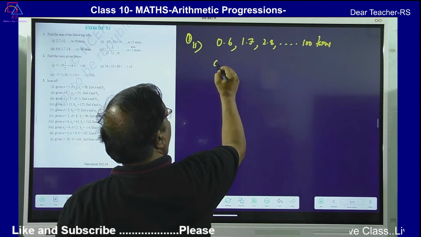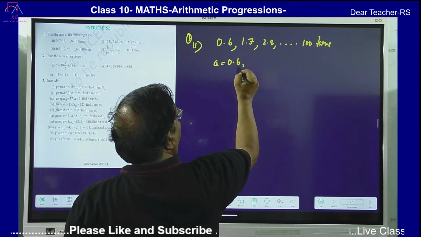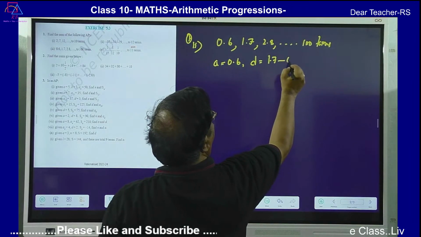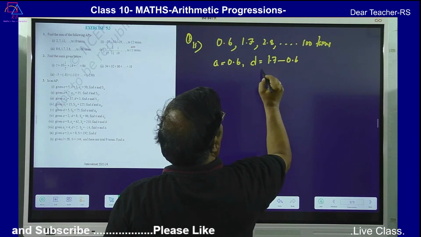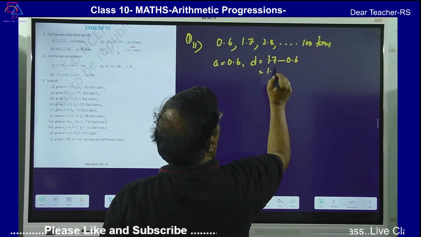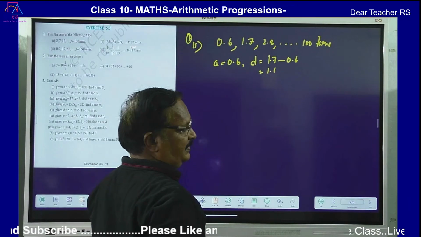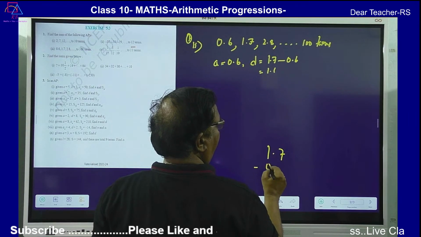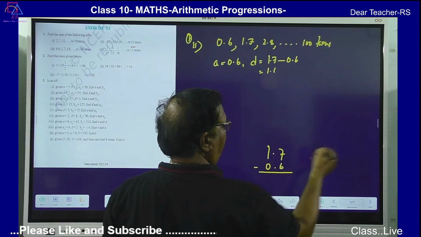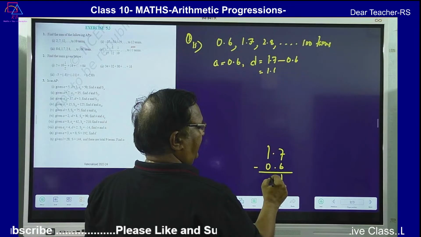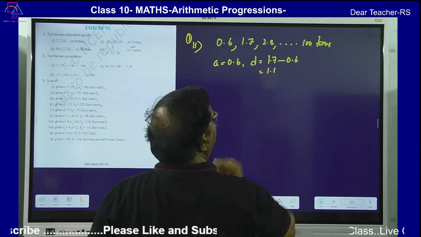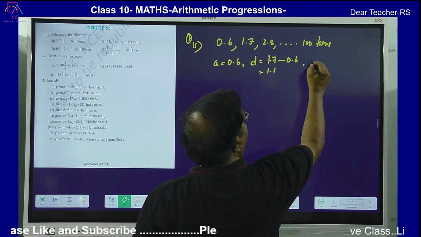So a is equal to 0.6, d is equal to 1.7 minus 0.6, which is equal to 1.1. So all of you be careful. If 1.7 minus 0.6 doesn't come out right, write it in the rough column like this and you will get it. Okay, so this is d and n is equal to 100.